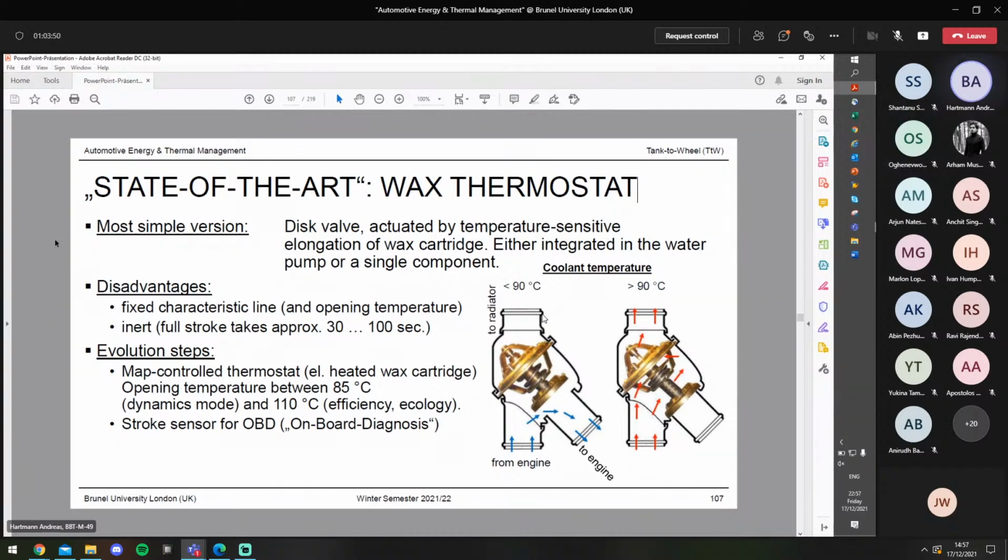Okay, and how does it work? So how does this valve work? It is activated by a form of sensors. I can't remember what specific ones they're called.